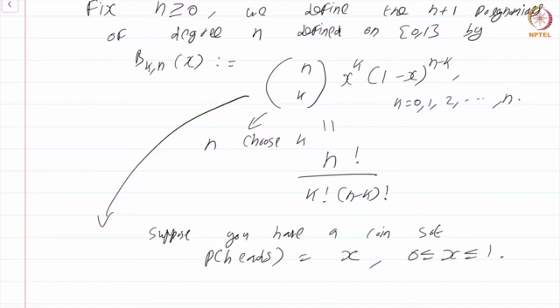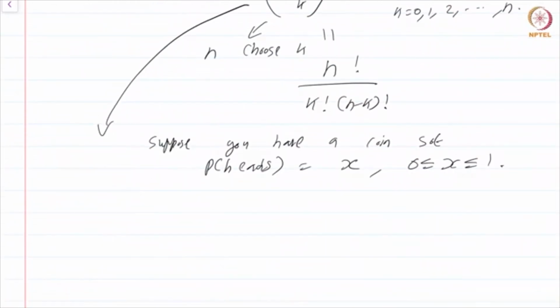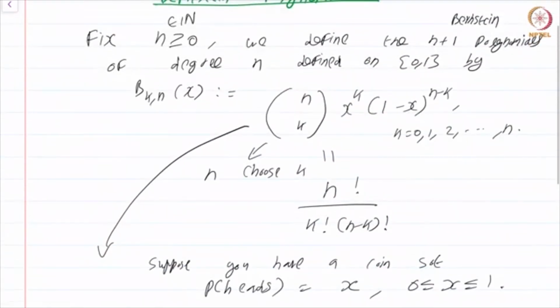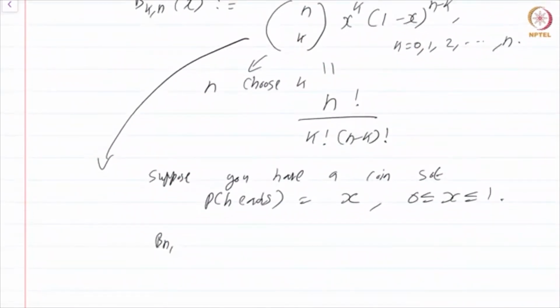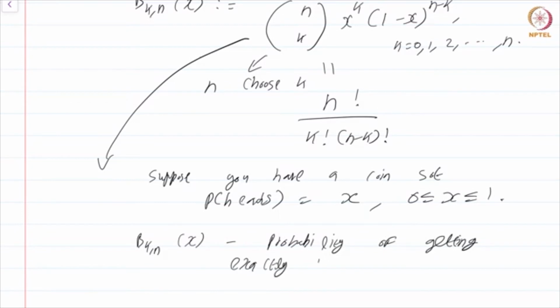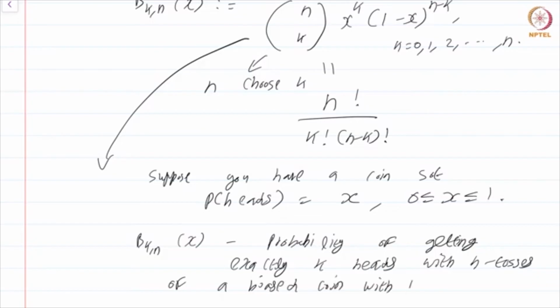Suppose you have a biased coin such that the probability of heads is actually x, then you should have no difficulty proving from what you have learnt in your high school that b_k^n of x is nothing but the probability of getting exactly k heads with n tosses of a biased coin with probability of heads equal to x.